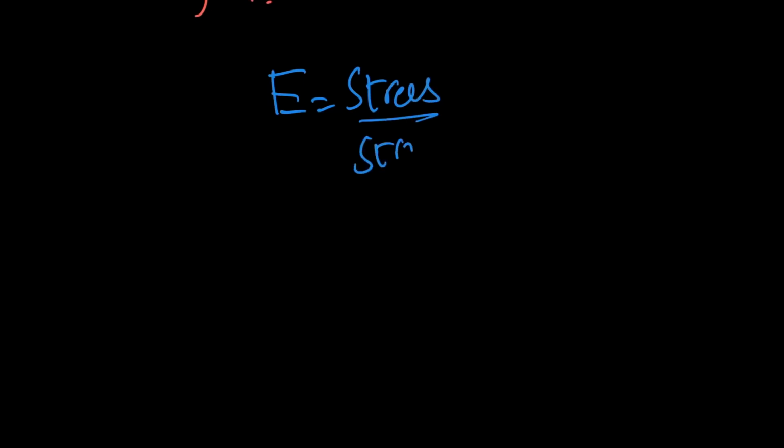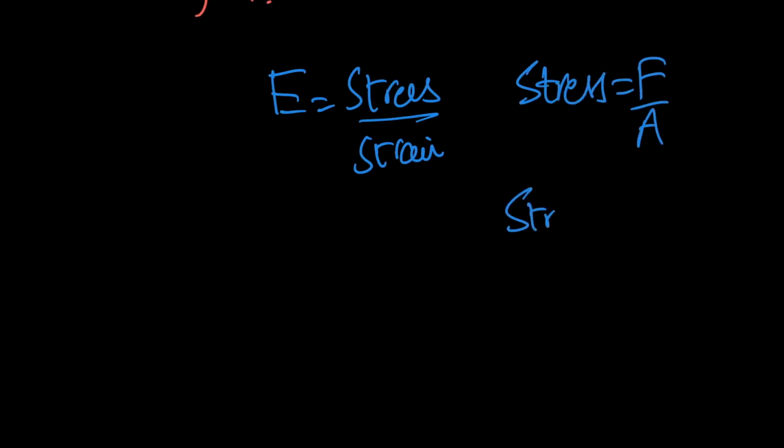Let me write it down over here. So capital E has units stress over strain. Now what is stress and what are the units of stress? Stress is force over area and strain is extension over the original length.